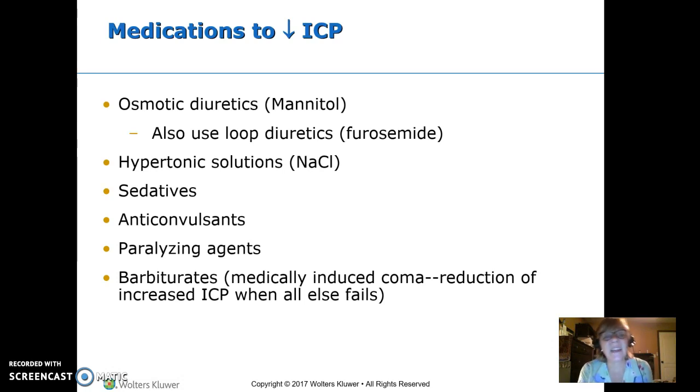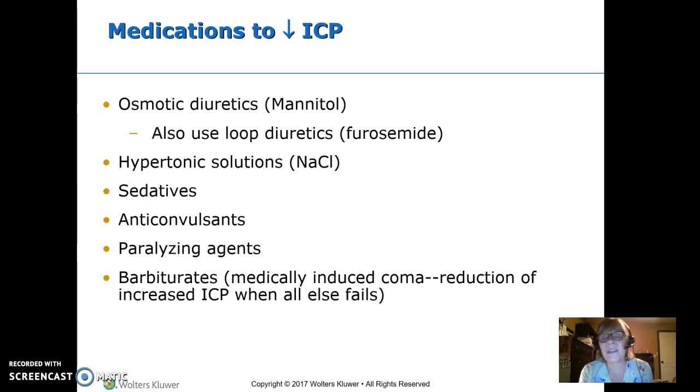Sedatives, as I said, we use these because they lower the metabolic demand of the brain, and we're having trouble meeting it. But if we sedate you, now we can't really watch for changes of level of consciousness. So that's the doctor having to figure out what's more important. Anticonvulsants.